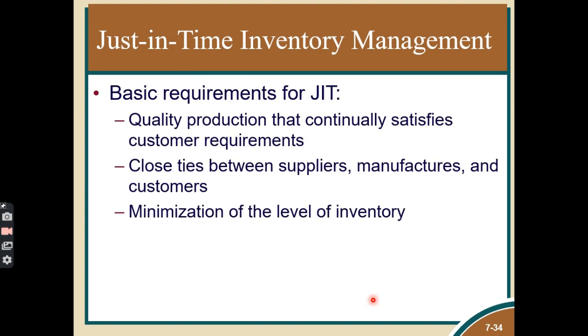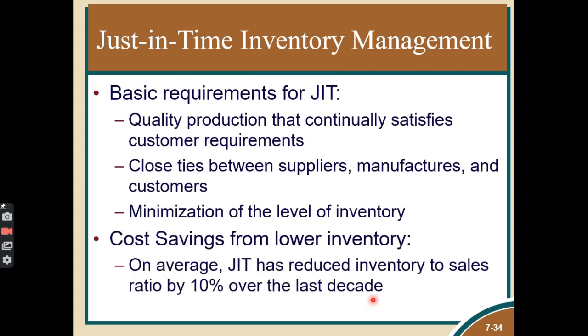Another way by which we can manage our inventory is by using just-in-time inventory management. From the term itself, just-in-time, meaning we are only going to produce inventory just in time for its sales. This is going to result in a zero inventory level, which will basically mean that we are going to have zero carrying cost.